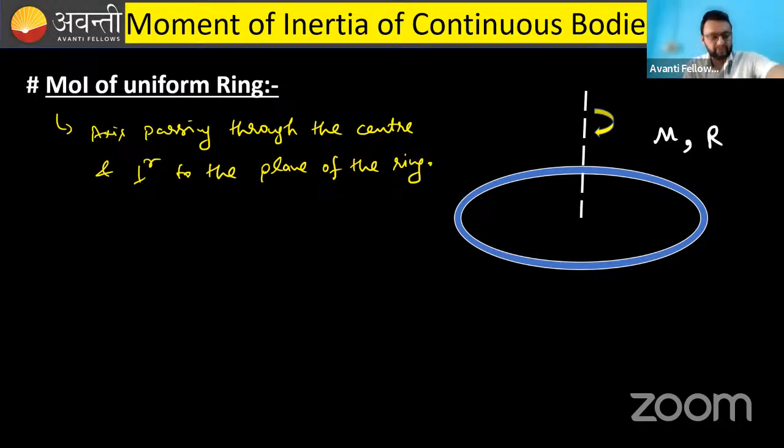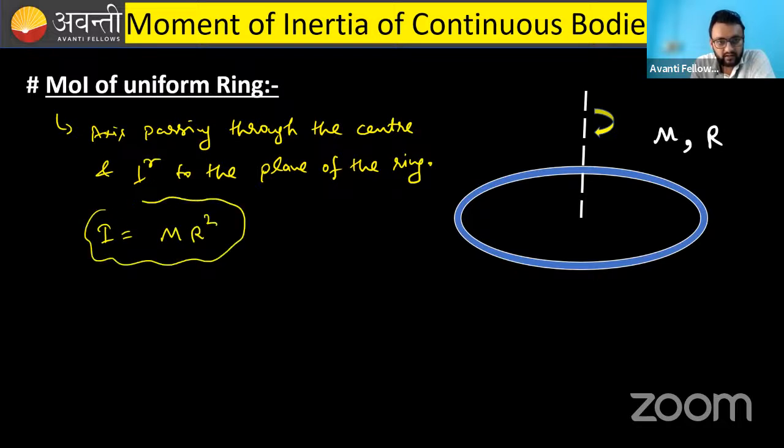So what is the moment of inertia of this system? The moment of inertia is I equals m r square. I am again repeating my words: the axis is very important. If you change the axis, the moment of inertia will change. That's for sure. So about this given axis, the moment of inertia is m r square.